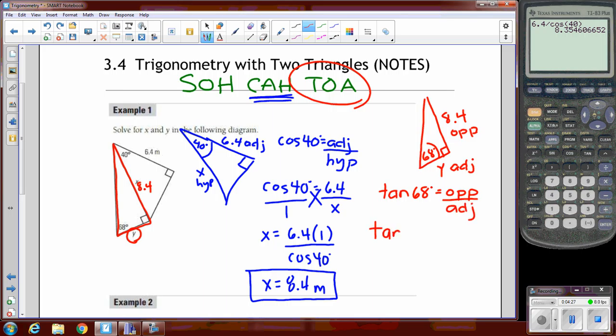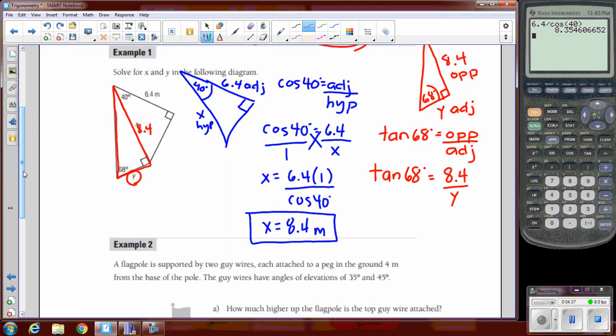Now we can put in the values we know, opposite 8.4, my adjacent is y. And now I'm going to have to put this over 1, do some cross multiplication. So again, y is 8.4 multiplied by 1 divided by the tan of 68.